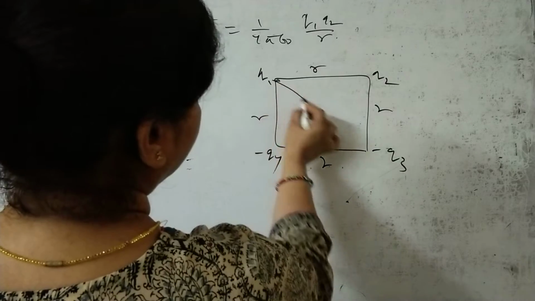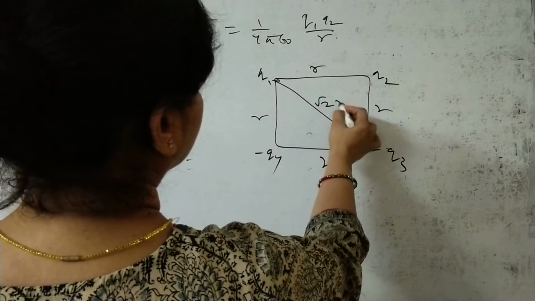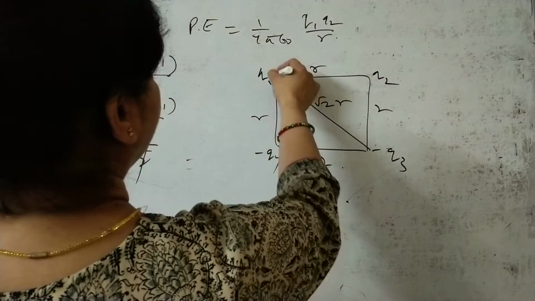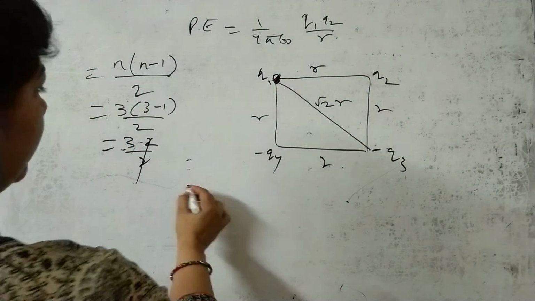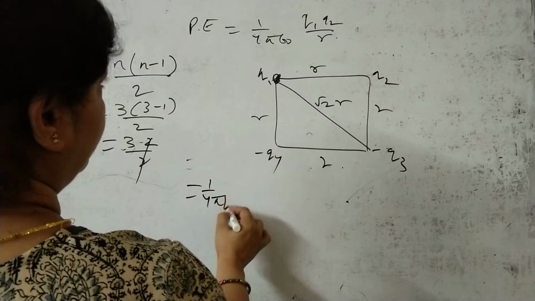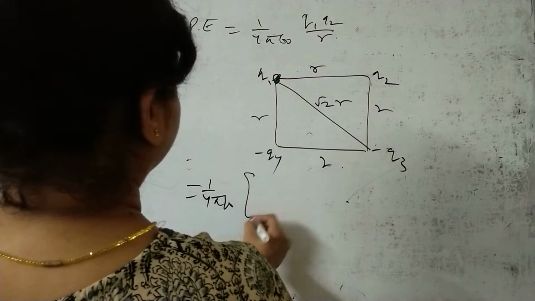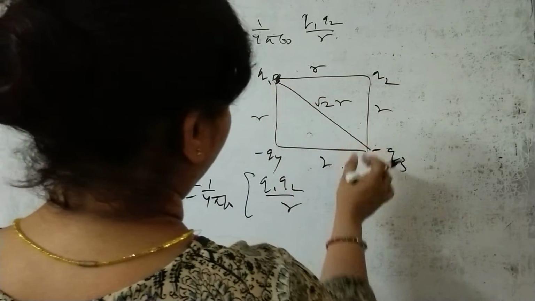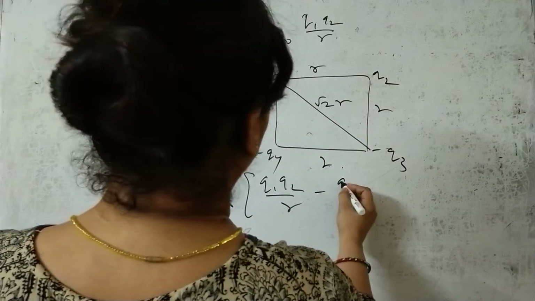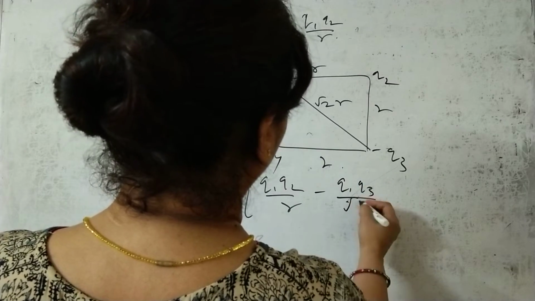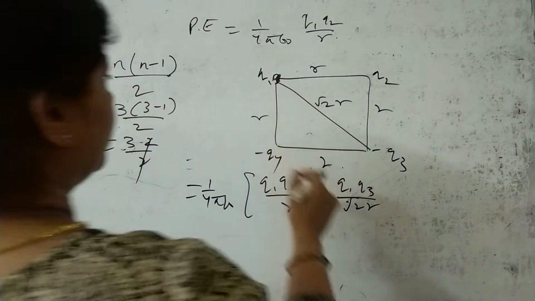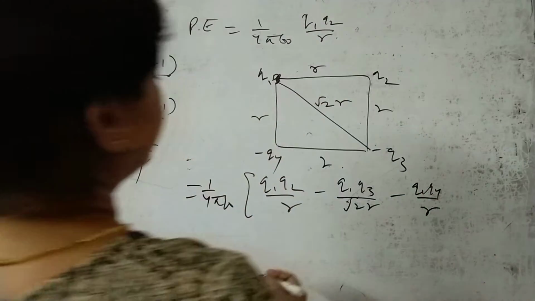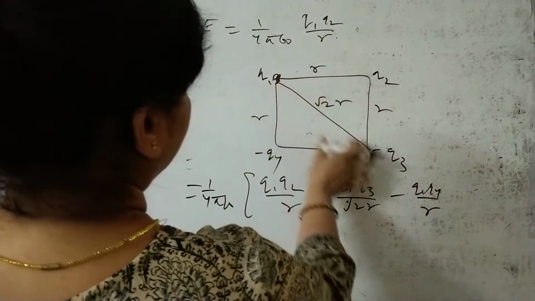The distance between the diagonal charges will be root 2 r. Suppose I take this as the reference point, then we have 1 by 4 pi epsilon 0, Q1 Q2 by r, then minus Q1 Q3 divided by root 2 r, then minus Q1 Q4 divided by r, and then we did this, this, and this.